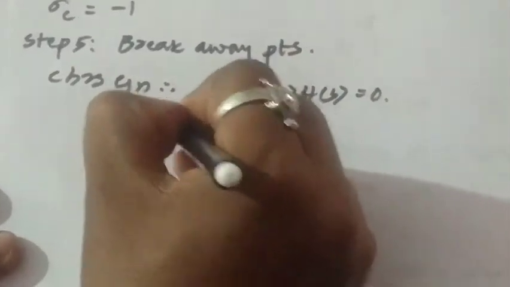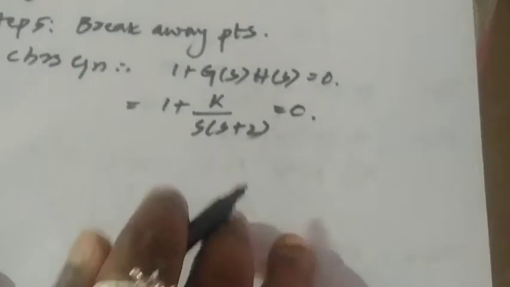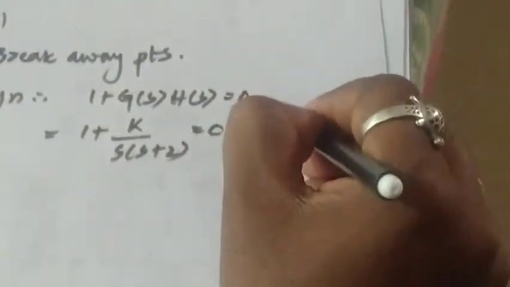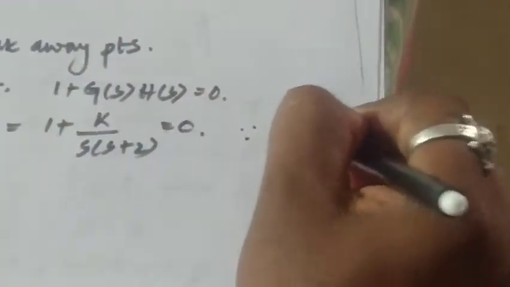So 1 plus K divided by s into s plus 2 equals 0, because here unity feedback is there, H of s is equal to 1.